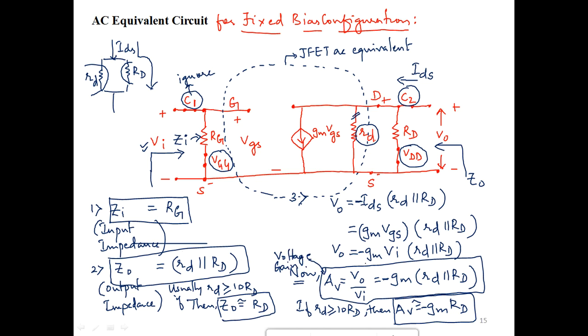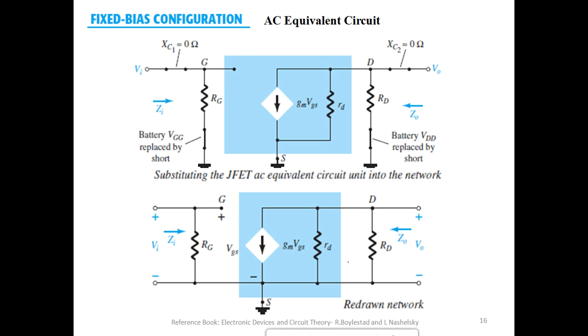Okay, so let us look at the same aspects in terms of very clear diagrams. For a fixed bias configuration, AC analysis, you can see that C1, C2, and the DC supplies VGG and VDD have all been replaced by their corresponding short circuits.